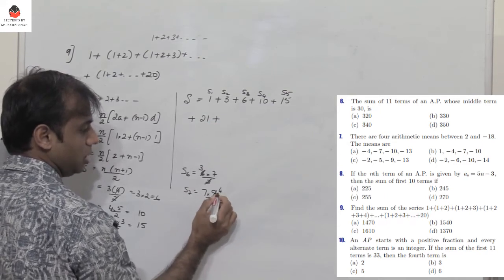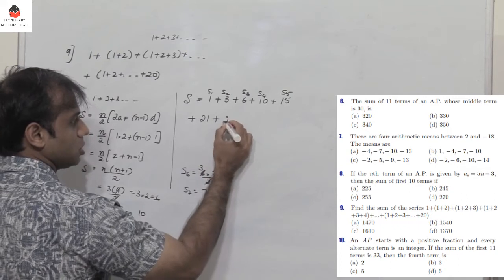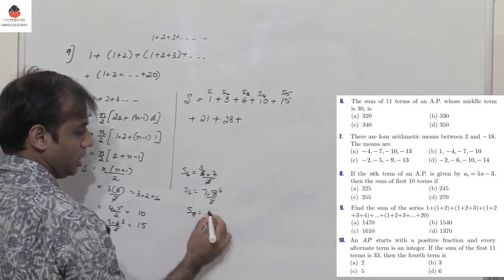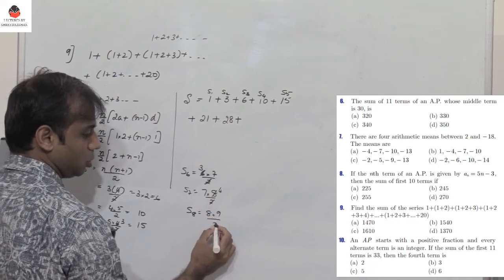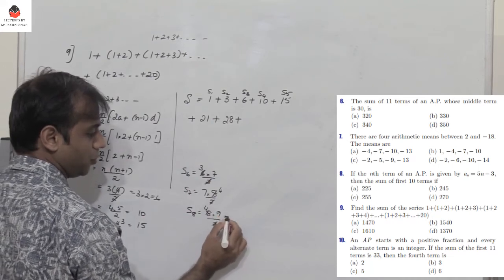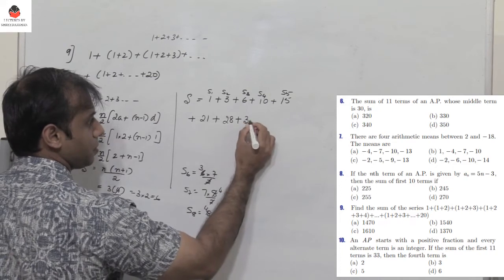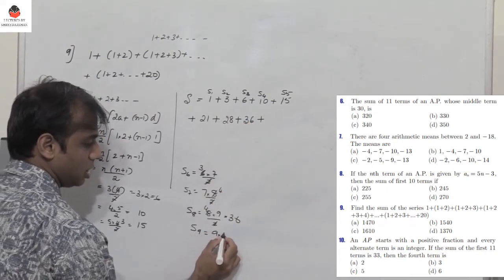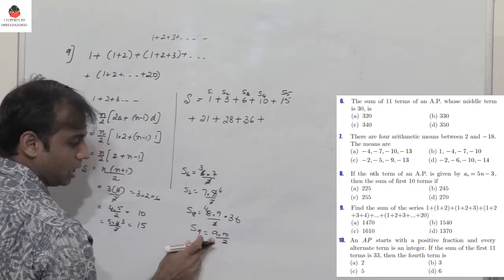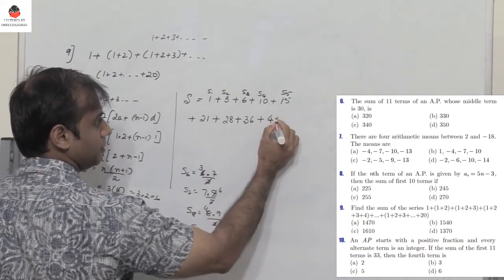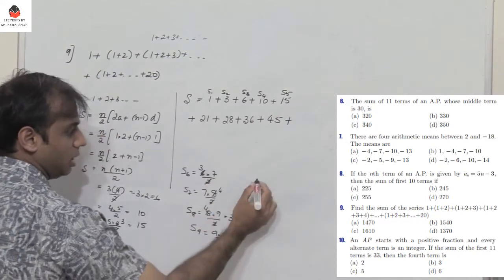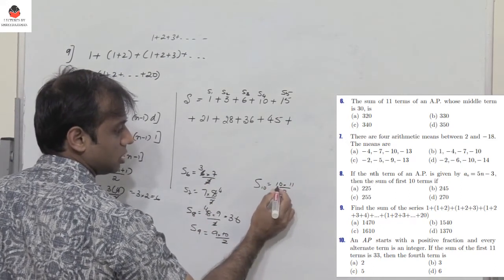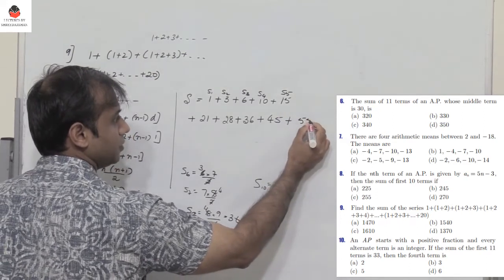So that's going to be 7 into 4, which is 28, plus S8 is going to be 8 into 9 by 2, which is going to be 9 into 4, which is 36, plus S9 is 9 into 10 by 2. So that's going to be 9 into 5 is 45. Plus S10. Now what is S10? 10 into 11 by 2. So that's going to be 5 into 11, which is 55.